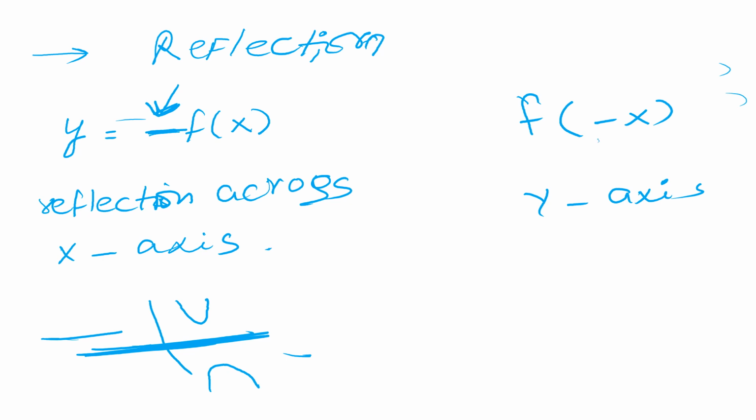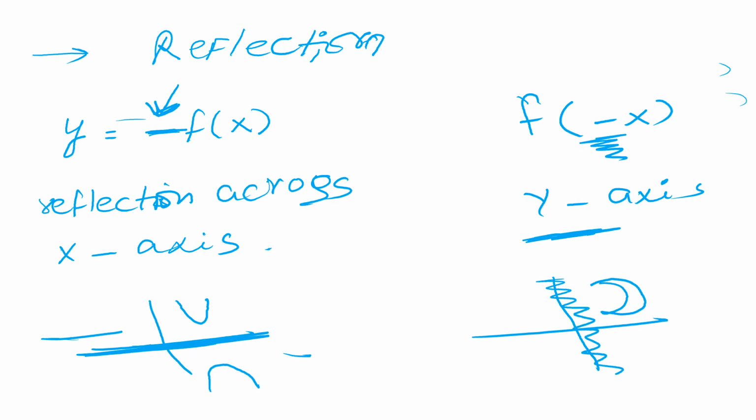And if the negative is inside, the reflection is across the y-axis. Let's suppose this is some figure like this, and the mirror is the y-axis, so the reflection of this figure will be like this. This is how we explain all kinds of transformation.